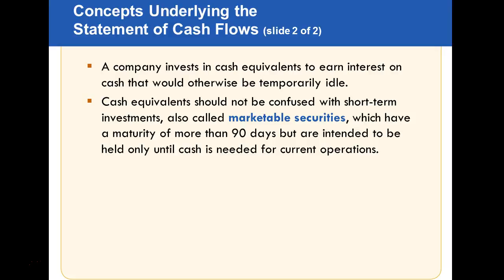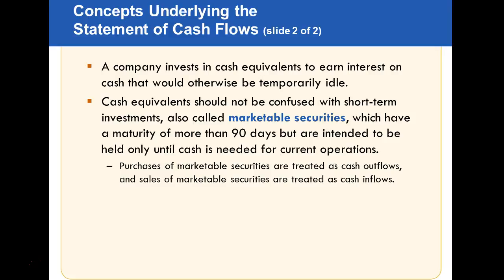Cash equivalents are not short-term investments. Short-term investments, also known as marketable securities, are those items which can be invested for a company, but usually those have a maturity of greater than 90 days, greater than 3 months. So when we purchase marketable securities, we're using cash to purchase them.